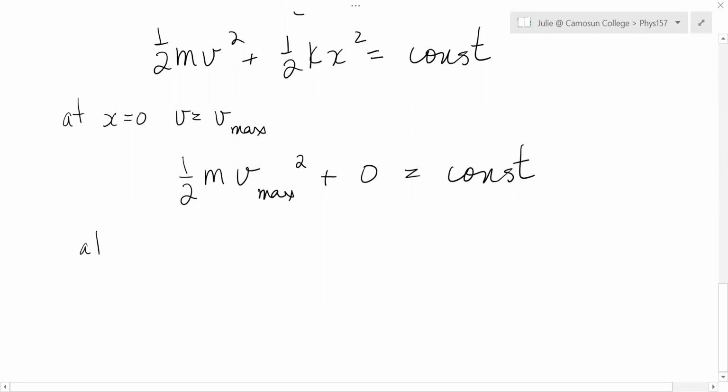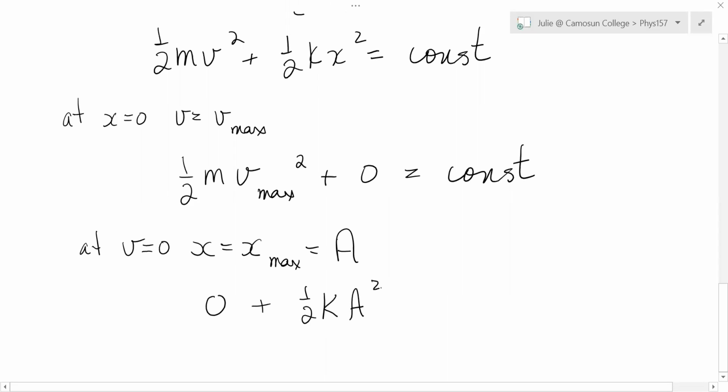We also know at v equals 0, x equals x max. And x max is the amplitude. So we could put that in. 0 plus 1/2 ka squared is equal to the constant. So that's another way to find the constant. So it's either one or the other that you're going to use there to find that constant.